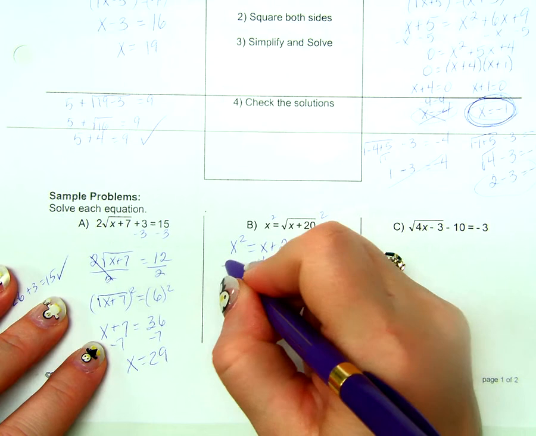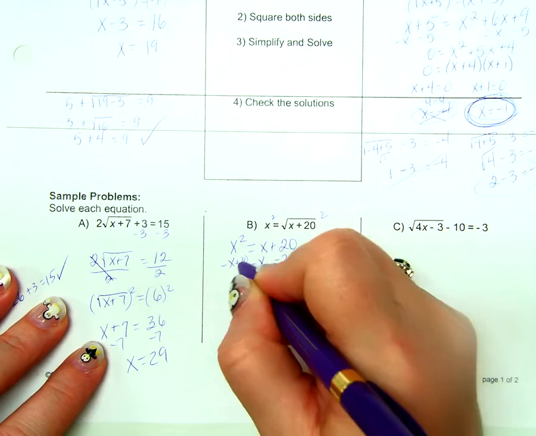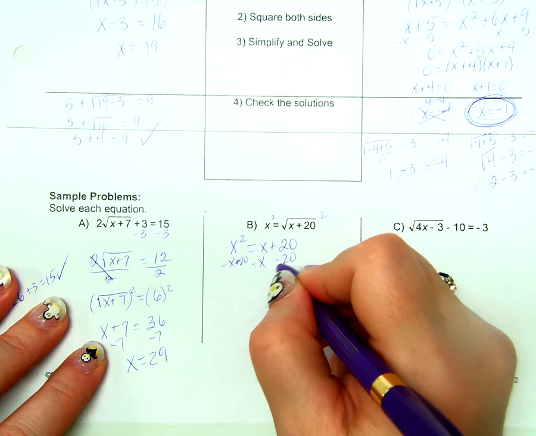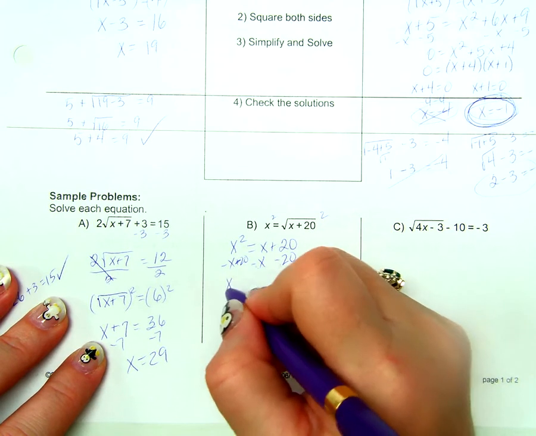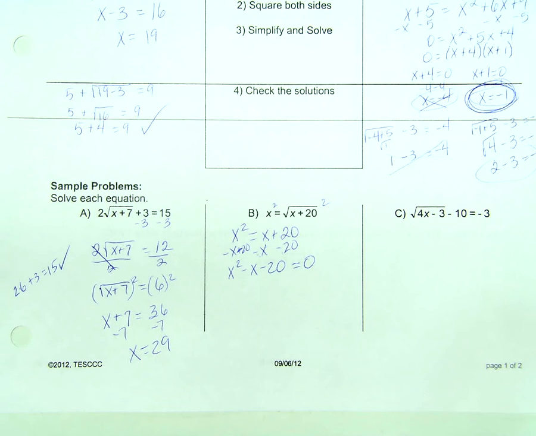Now, what you need to know about me is I really like to have positive x squareds. So I would rather go ahead and move these two, so I get a positive x squared, than mess with negative x squareds. Because then I'd have to divide everything by negative 1, or then I'd have to factor weird ways. I don't like that.